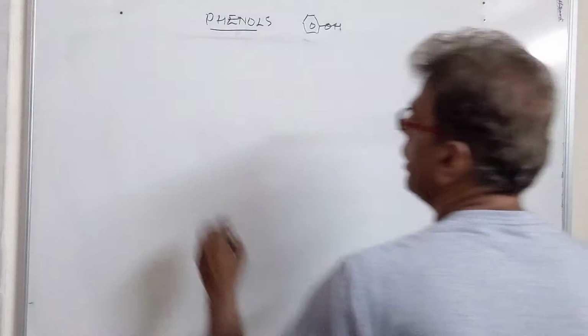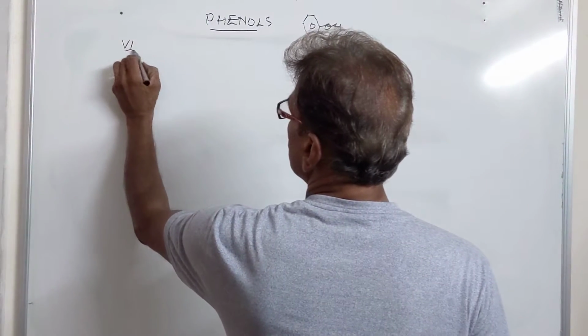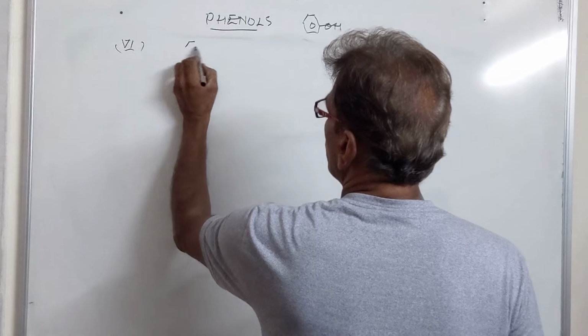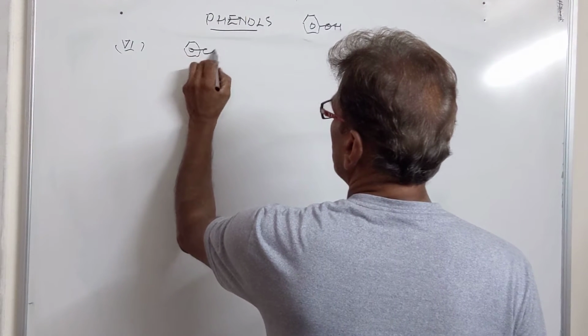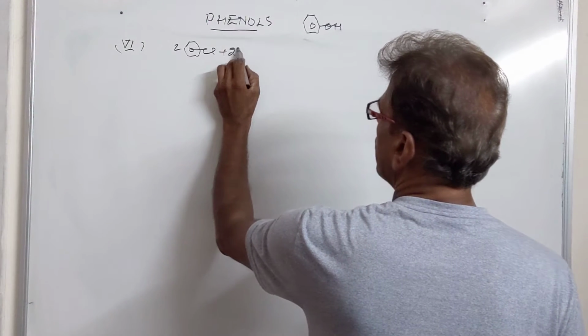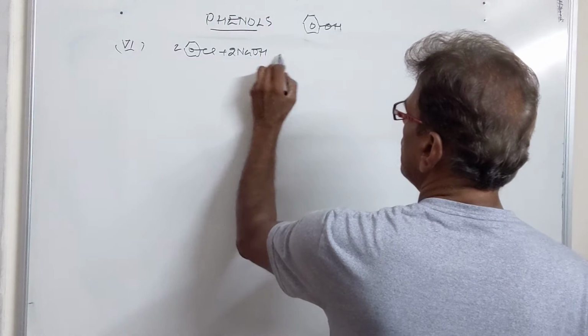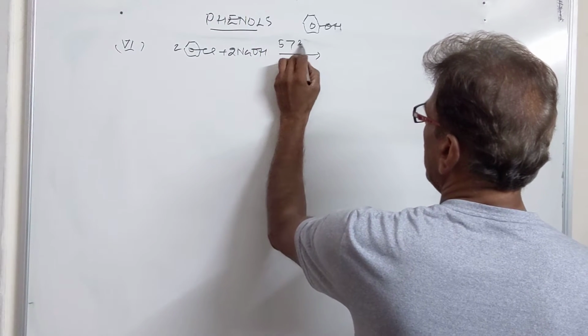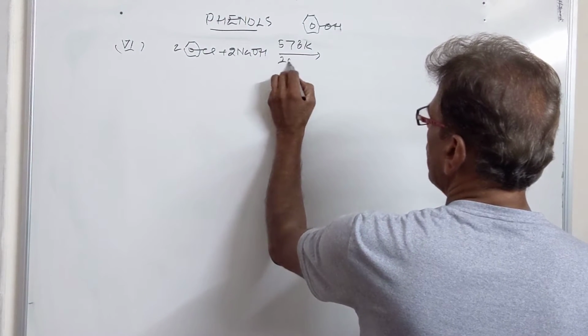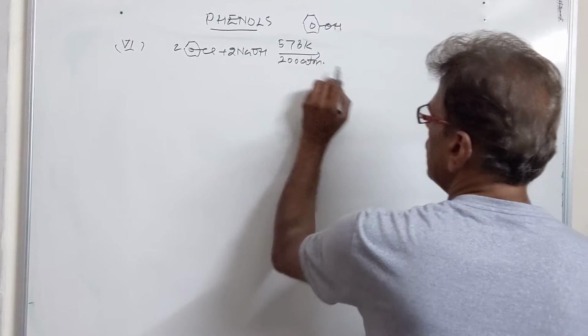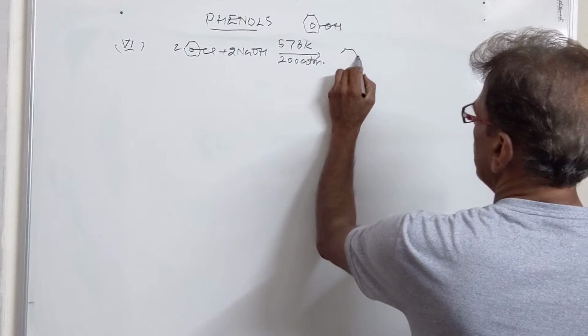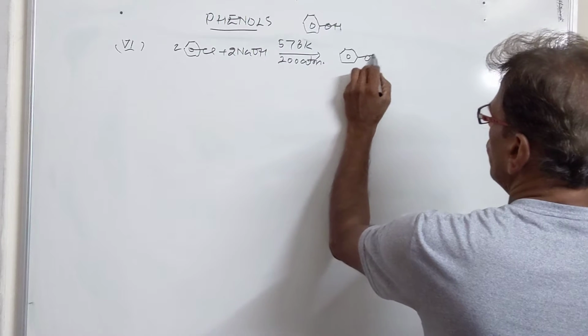So our sixth method is from chlorobenzene. Two molecules of it react with NaOH at 573 Kelvin and 200 atmospheric pressure. That will give us sodium phenate.